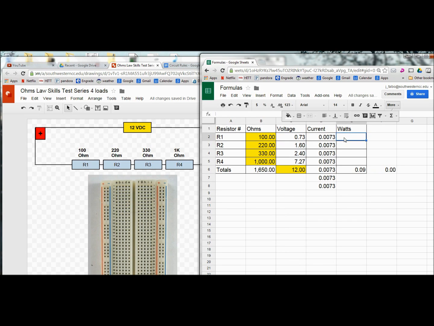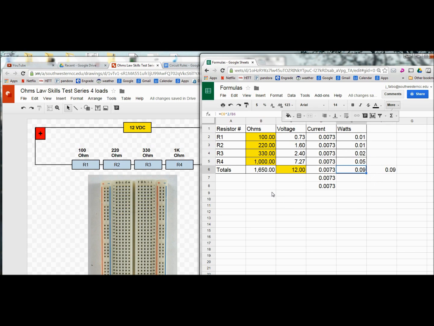For wattage, I want to use I times E, apologize. Okay, so I times E, and I want that the same all the way down. Okay, notice how it added all those up, and my answers are the same for my wattage.